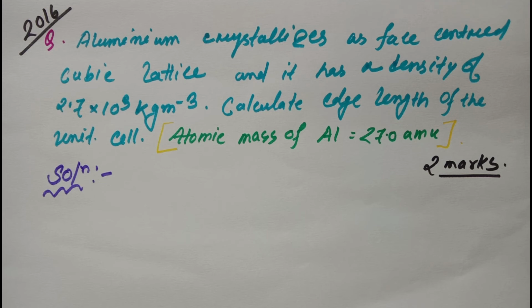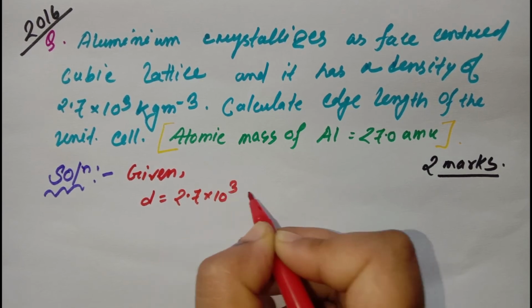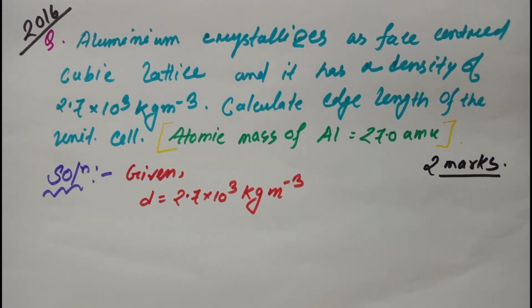Now I am going to solve this question. First, you have to write all the given parameters. So here density is 2.7 × 10^3 kilogram per meter cube. First we have to convert this unit into gram per centimeter cube.